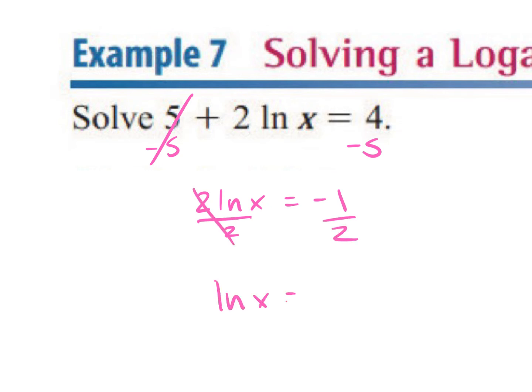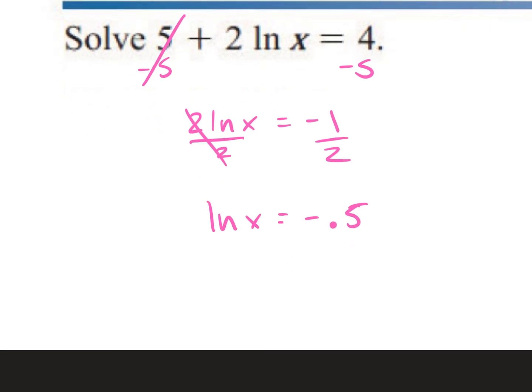So ln x is equal to negative 0.5, -1/2. Now how can I get rid of that ln? Make the big base e. So e and ln cancel, so x is equal to e to the power of -0.5. What do you get when you put e to the power of -0.5 in your calculator? 0.61. Awesome.